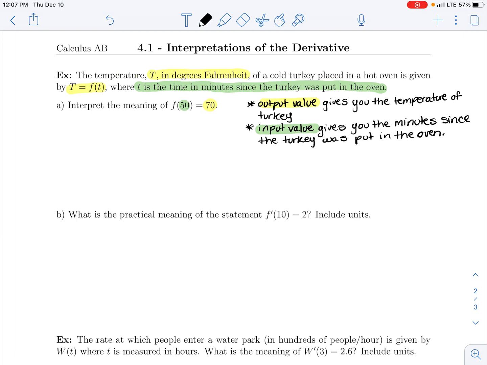So this means after 50 minutes since the turkey was put into the oven, the turkey is 70 degrees. Makes sense.